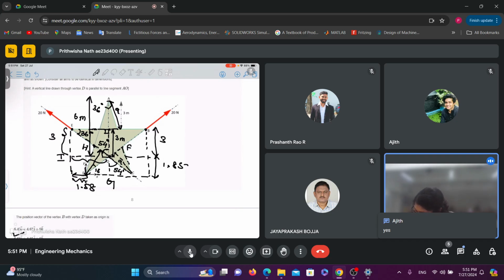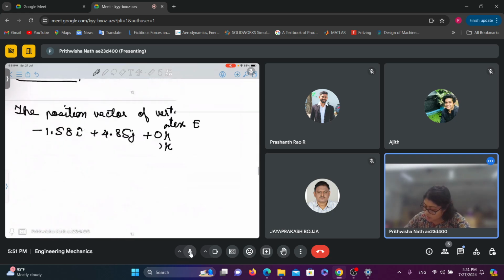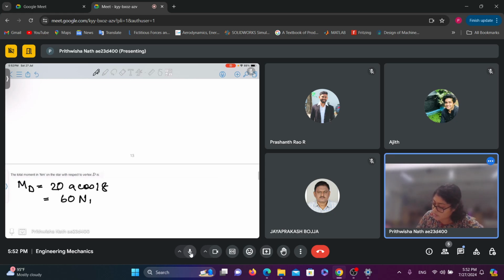This angle is 18 degree, and so this distance is A cos 18 degree, right? So the moment about D is 20 into A cos 18, which is equal to 60 Newton meter.